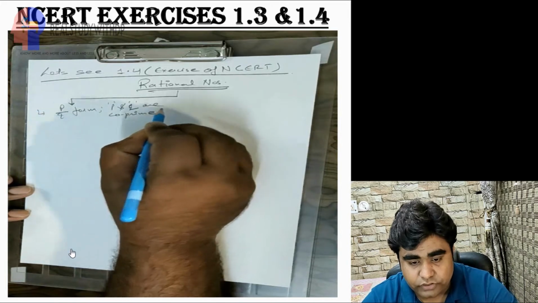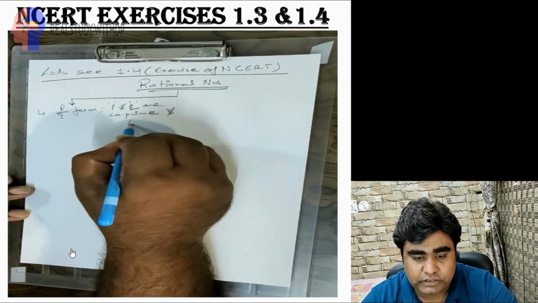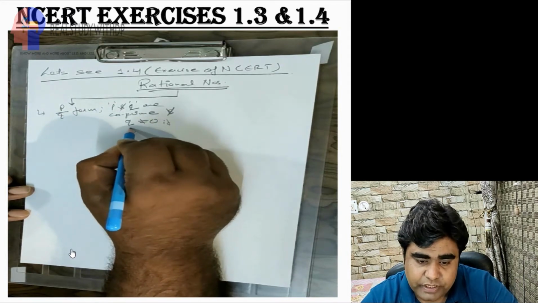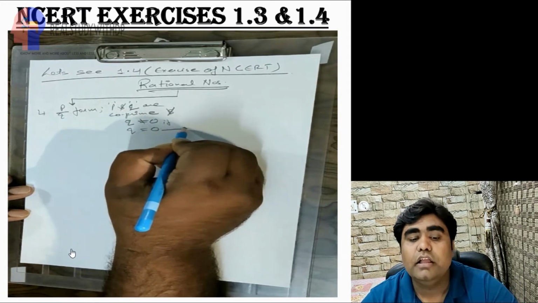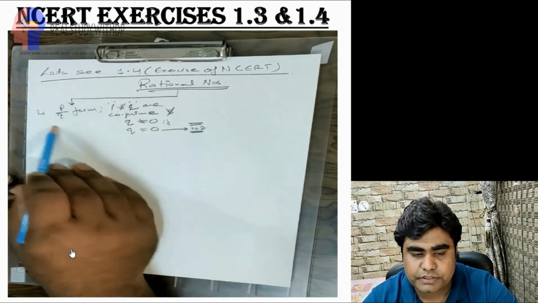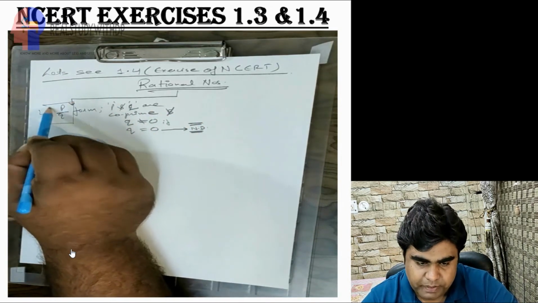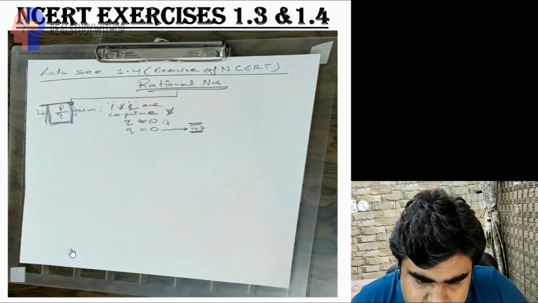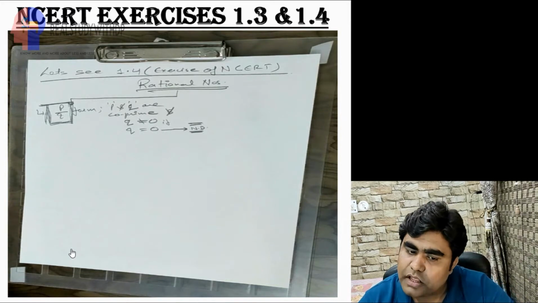That means other than 1, they should not have any other common factor between them. The second attribute is that q cannot be equal to 0. If q is 0, then the whole number p by q becomes not defined. These things we have already discussed.